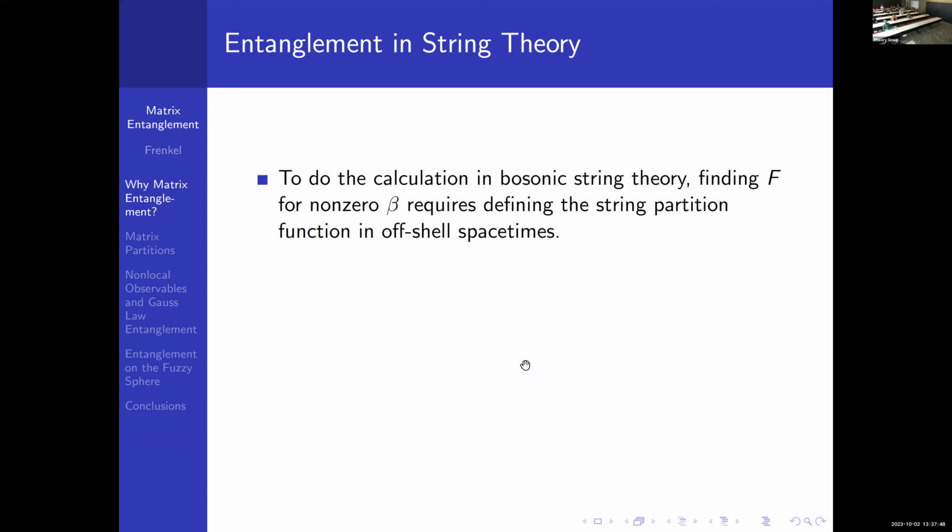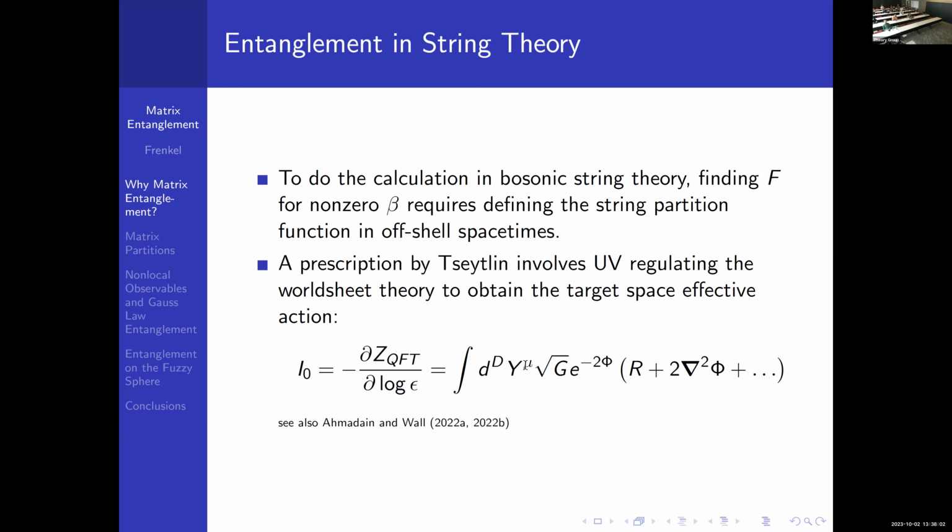And they also perform a calculation of this in bosonic string theory, where finding F for geometries with non-zero conical deficit angle beta requires finding the string partition function in off-shell spacetimes. What they do is they reference a prescription by Zeitlin, which involves either regulating the world sheets and a prescription to obtain the bulk effective action from the sphere partition function by differentiating with respect to log of the UV cutoff.